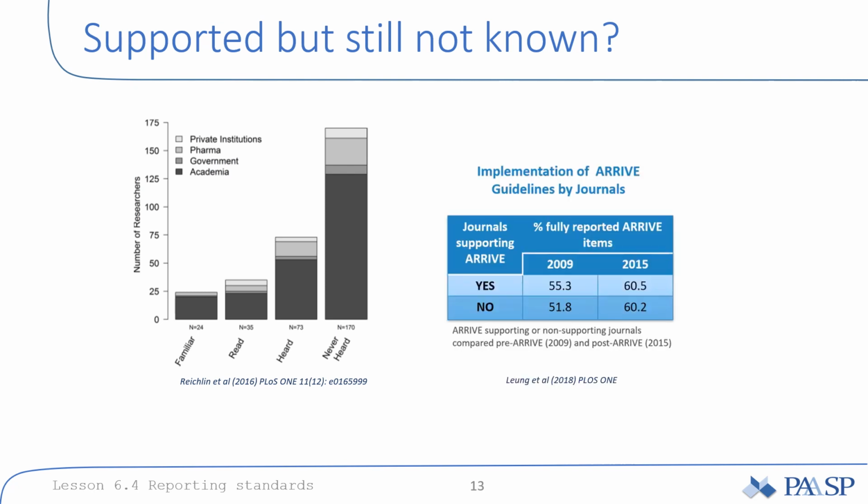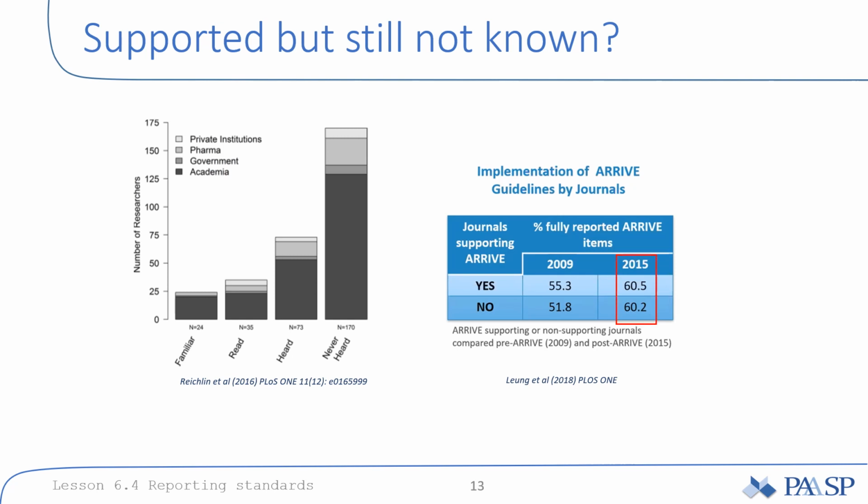Another interesting study was published a few years ago addressing the implementation of the ARRIVE guidelines at journal level. The authors compared journals which do and which do not support the ARRIVE guidelines and looked at two different time points: 2009, before the ARRIVE guidelines were published, and 2015, 5 years after they were published.